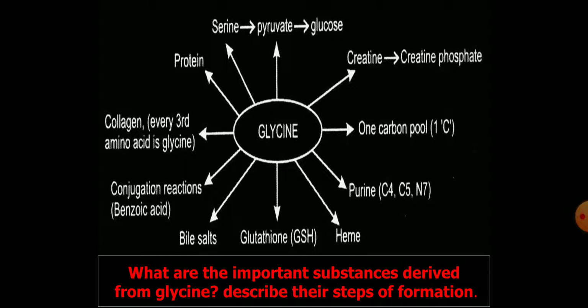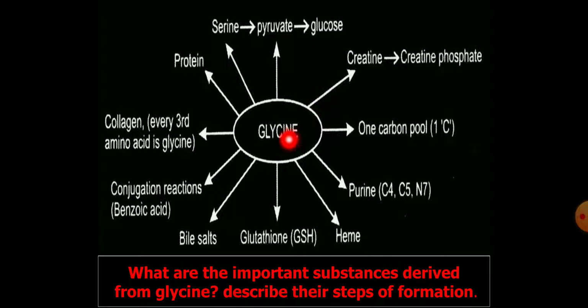We already studied that it is used for the synthesis of protein, collagen, conjugation reaction with benzoic acid to form hippuric acid, formation of bile salts, glutathione, heme synthesis, purine, one carbon metabolism, and also creatine. It is also used for the synthesis of serine, and serine can be converted to pyruvate, and from pyruvate it can be used for the synthesis of glucose through gluconeogenesis. That is why glycine is called a glucogenic amino acid.